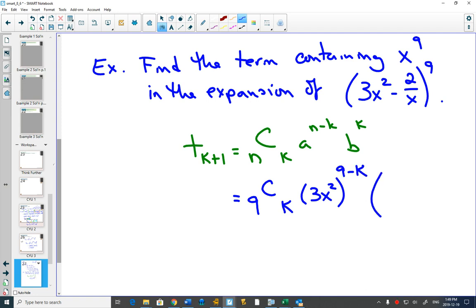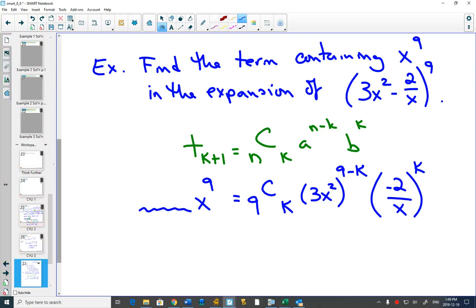And b is negative 2 over x, to the k. What else do I know? I know that when I find my answer, it has an x to the 9. So my term k plus 1 is going to be something times x to the 9. I need to find out what k is.